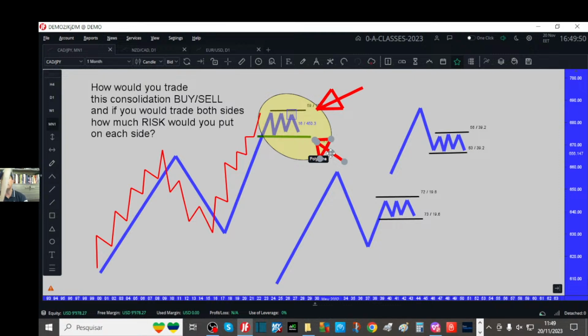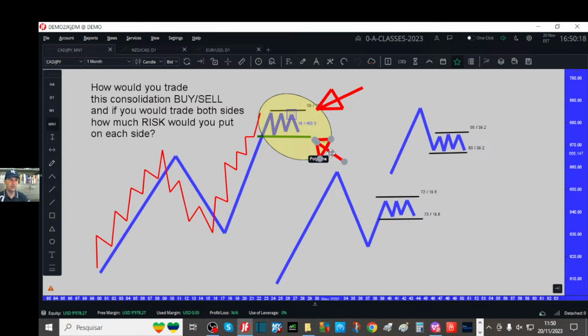Am I trading what I think is going to happen, or am I trading what I'm seeing? I will buy with 0.25. So Shola is putting more risk on the short side than the buy side. Is Shola trading what he sees, or is Shola trading what he believes is going to happen?